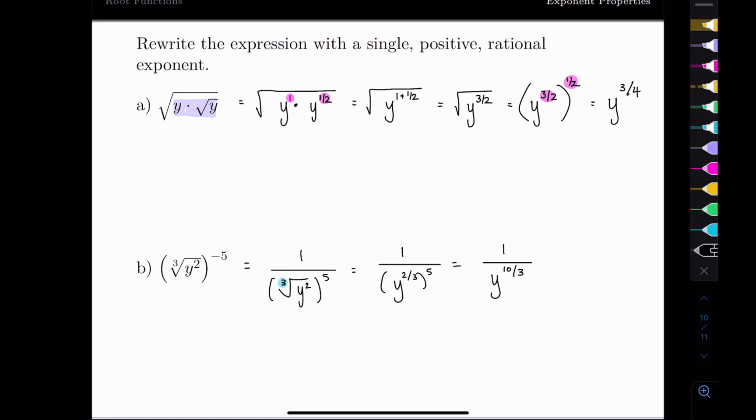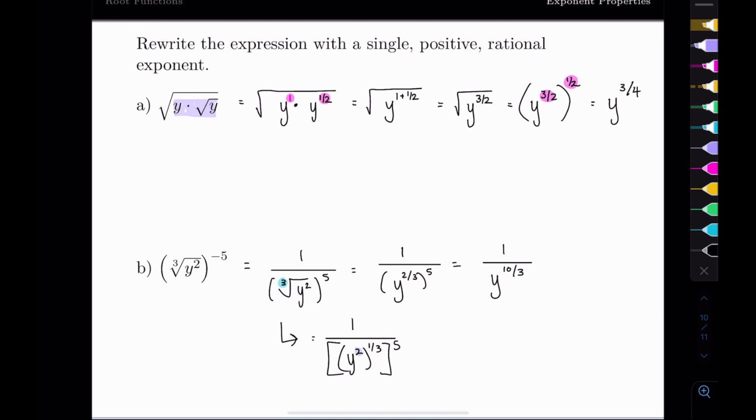Okay. Again, if you also don't like this step of turning the cube root of y squared immediately into that fraction, something else you could do, which will get you to the same spot, is maybe you don't recognize that, but you want to say this is y squared to the 1/3, and then we will raise it to the 5th. Okay. So maybe your gut just tells you, okay, I see a cube root, I make it a 1/3 power.